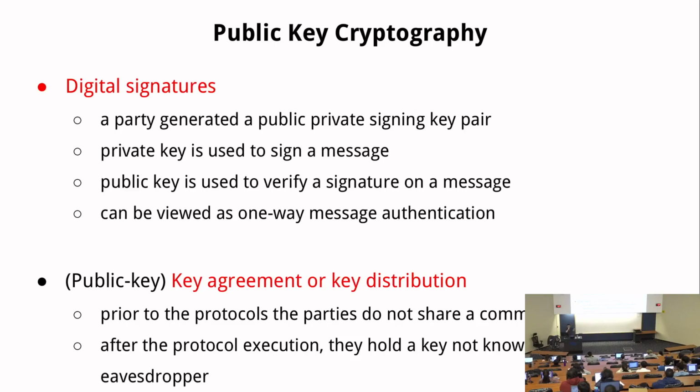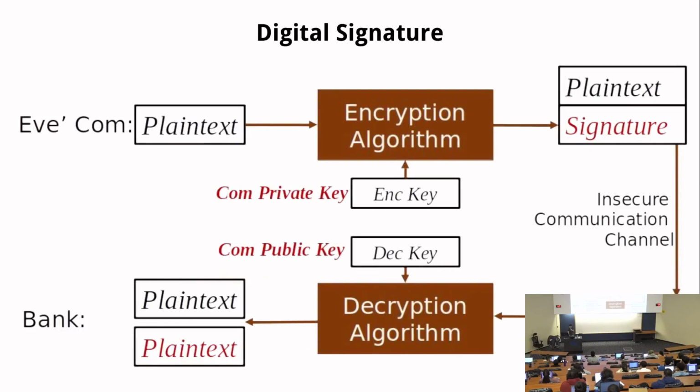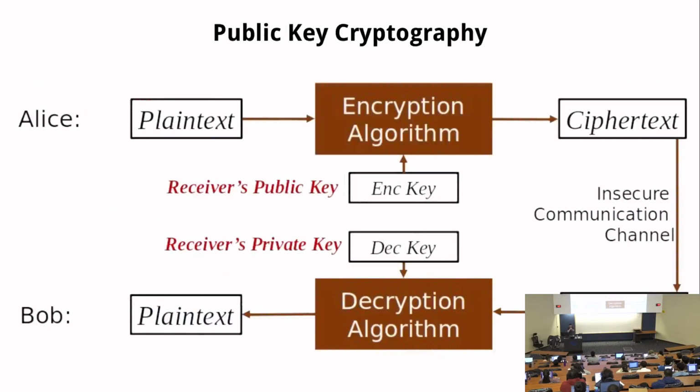In a digital signature, we do not use the recipient's public key to encrypt the message. Instead, we use the sender's private key to encrypt, but here we don't call it encrypt anymore, we call it sign a message.